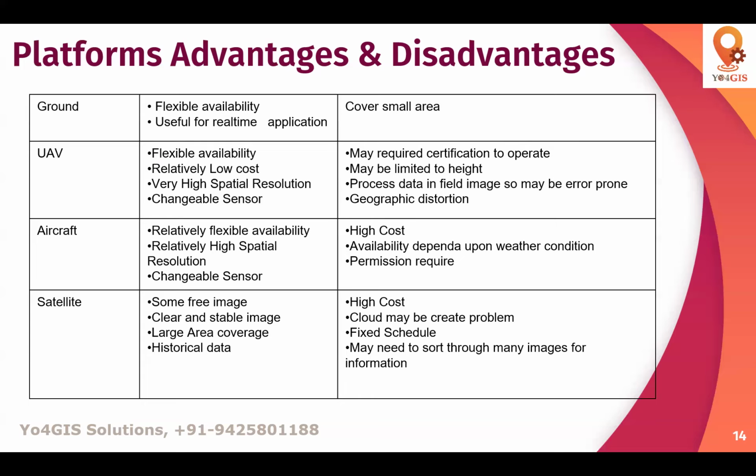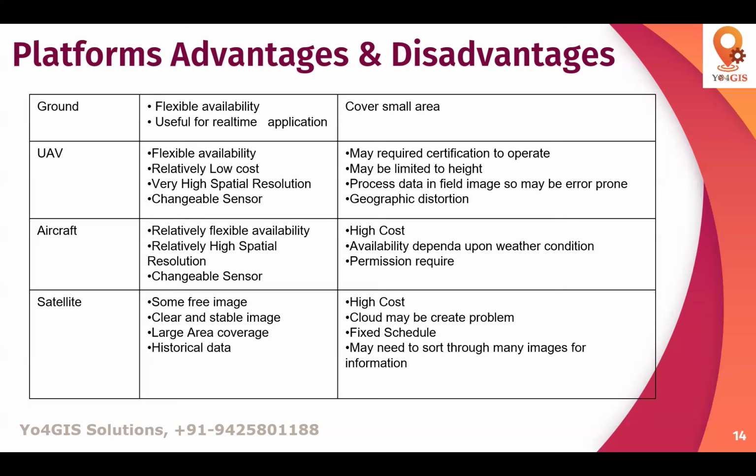If you want to fly the drone, you have to take permission from the government and from the police. Only if you get the permission can you fly and get the image. There is a restriction on height. Only up to that height can you take the photo.